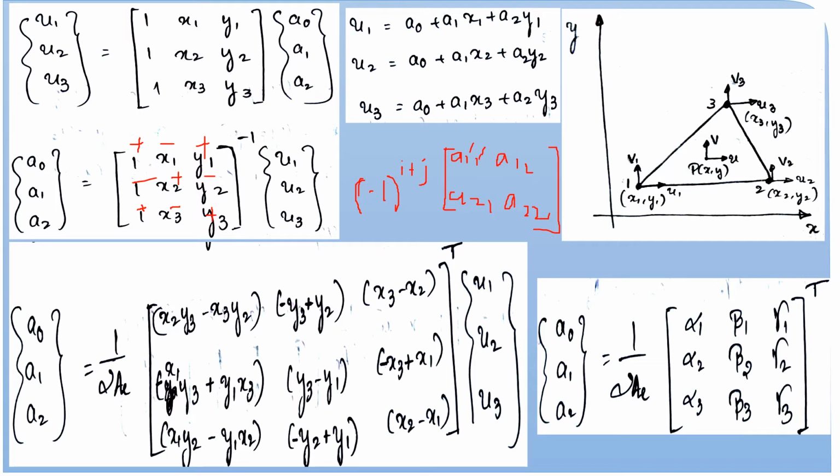For 1 plus 1, minus 1 squared, you get plus. Here 1 plus 2, minus 1 cubed, you get minus 1. Then this is a13: 1 plus 3, minus 1 raised to 4, an even number. If it is even, you get plus; if odd, you get minus. In that fashion, you get plus minus plus minus, and so on.